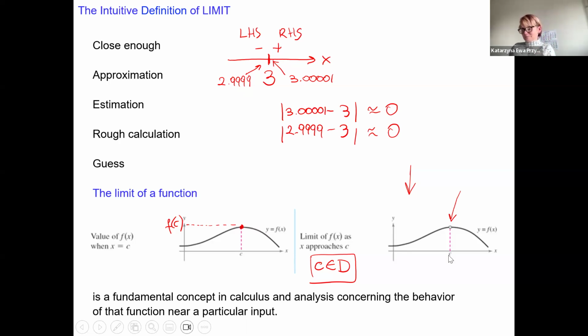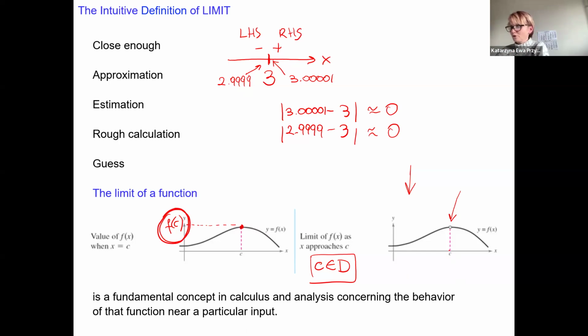That's really good. Now we would like to find out what the function is doing near the value c, and we will use the limit notation for this. This one is exactly the value.